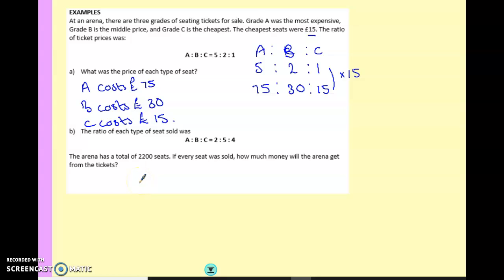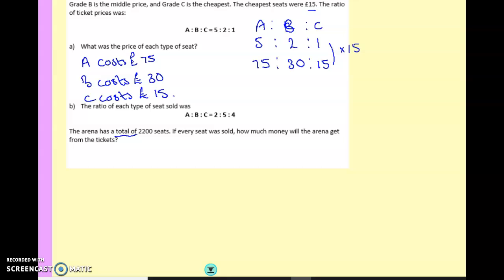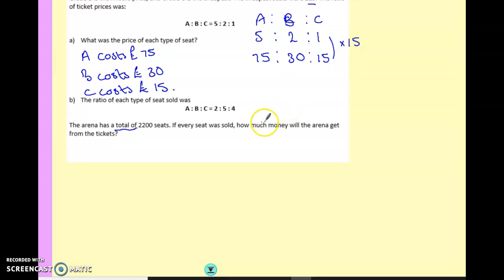The ratio of each type of ticket sold was 2 to 5 to 4. So the arena has a total of 2,200 seats. If every seat was sold, how much money will the arena get from the tickets? So we need to use this information to work out how much of each ticket was sold. So we know how much each ticket costs.